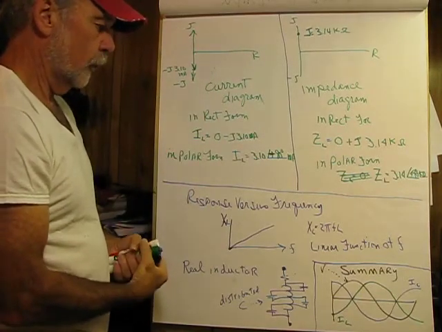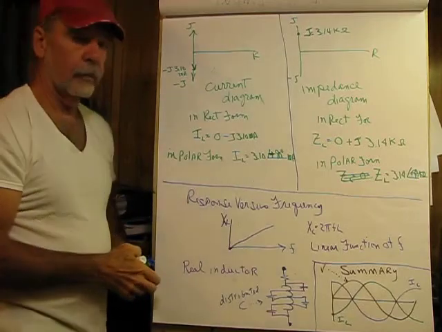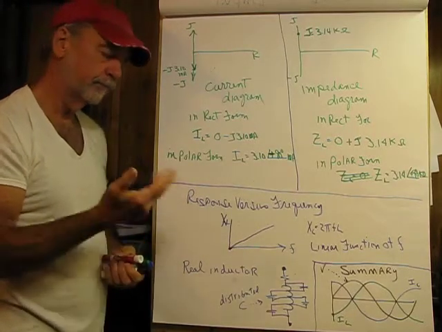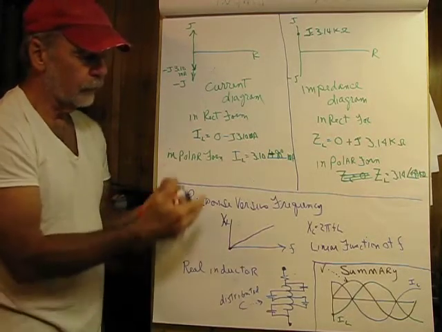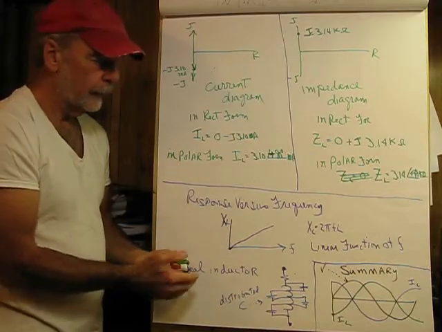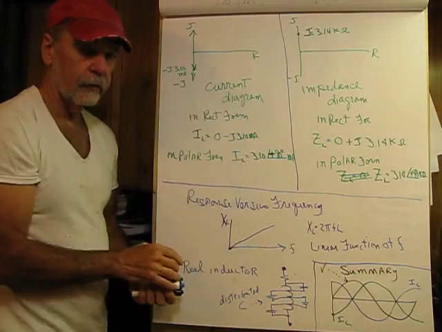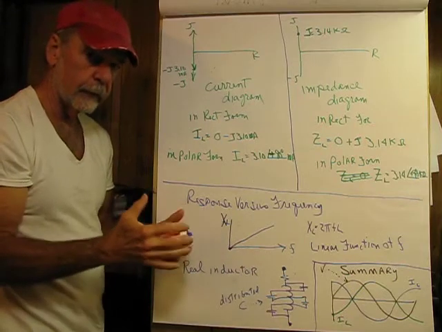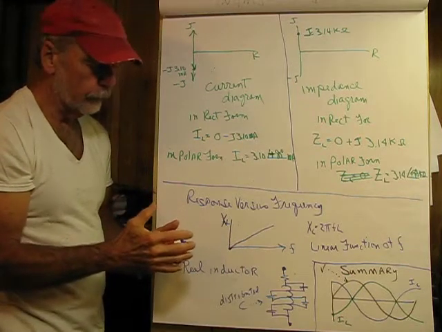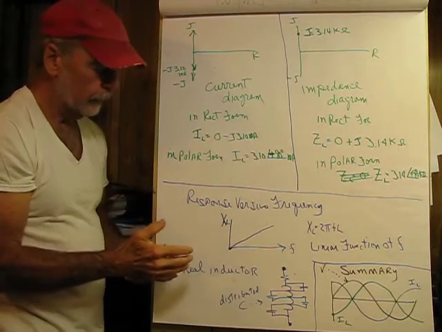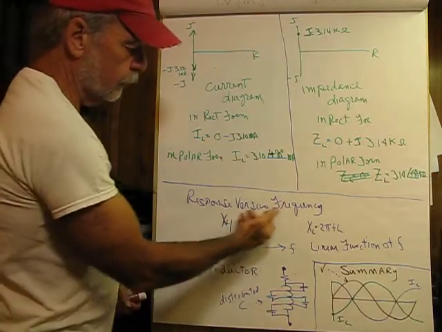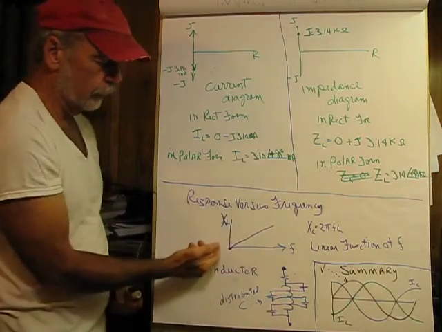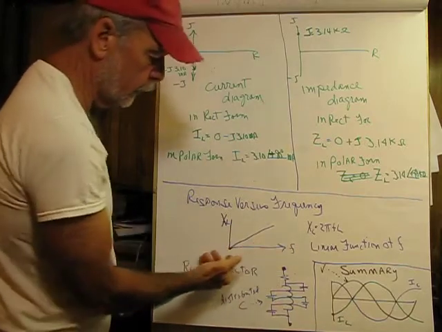Okay, so basically what we have is a bunch of dangling participles with L and C. And when we start to put them together in circuits, we'll apply this stuff and it'll start to fit together. But this is just an introduction to what the basics are. So let's look at the frequency response of an inductor with respect to frequency.